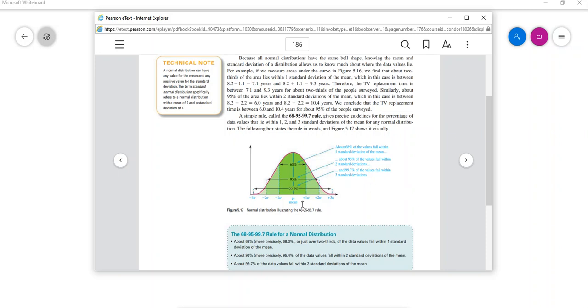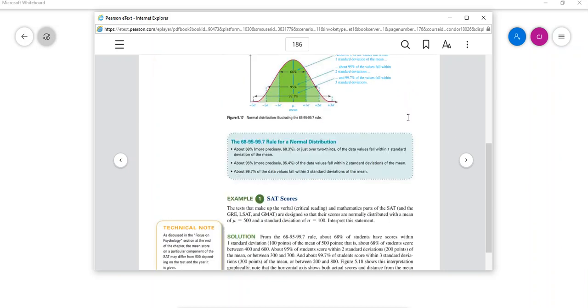And it says a simple rule called the 68, 95, 99 gives you precise guidelines. Well, it doesn't give you precise guidelines that lie within. It gives you the values of exactly 1, 2, and 3 standard deviations. And they're pretty accurate though, for the most part.